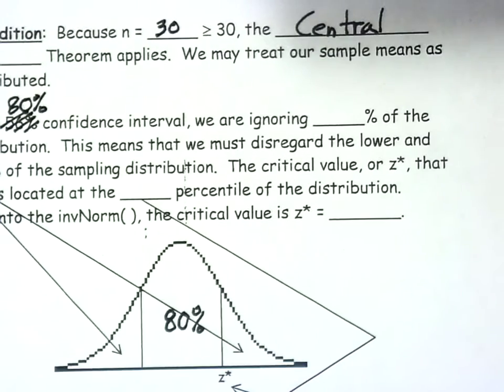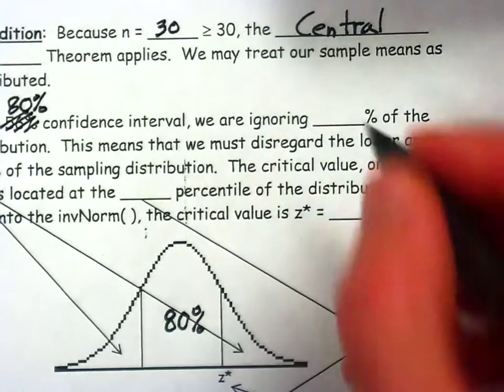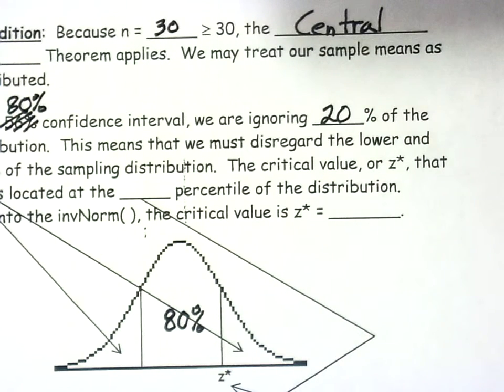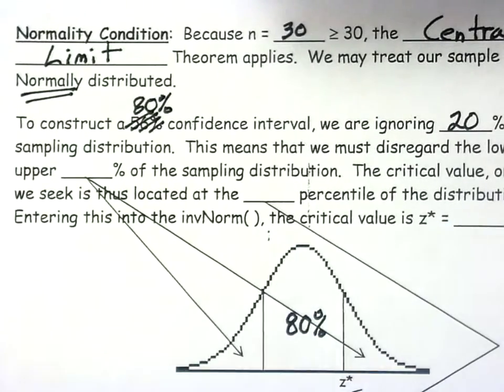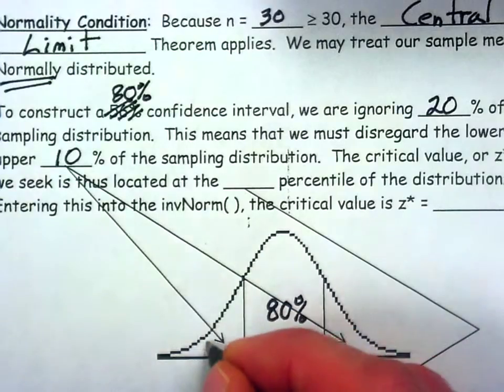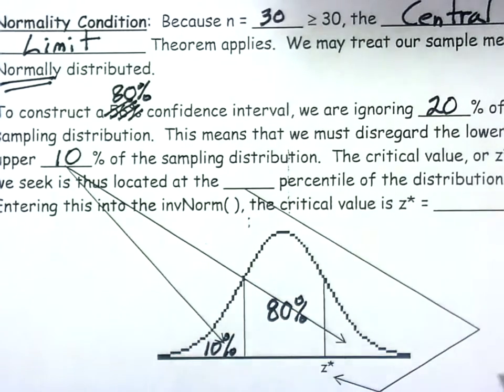Essentially we're ignoring 20% of the sampling distribution, the most extreme variability on the lower 10 and upper 10% of this distribution. So we have to disregard that lower and upper 10%. So that's here and up here.